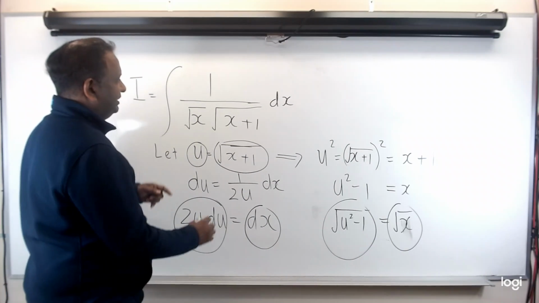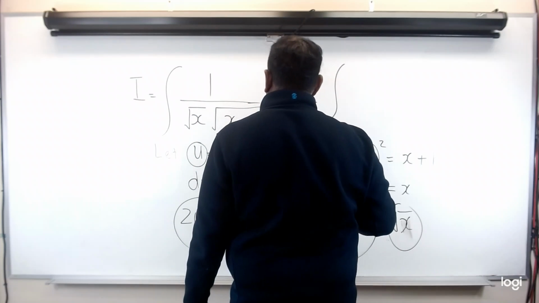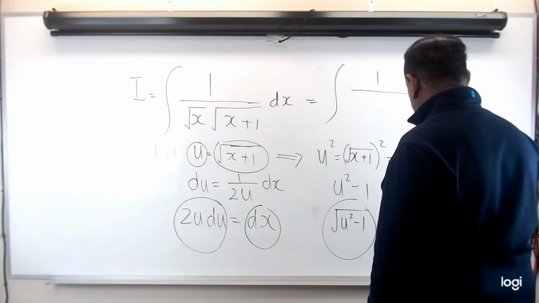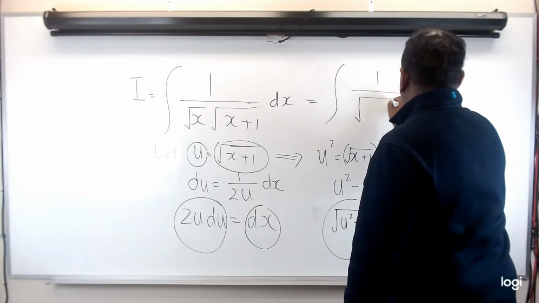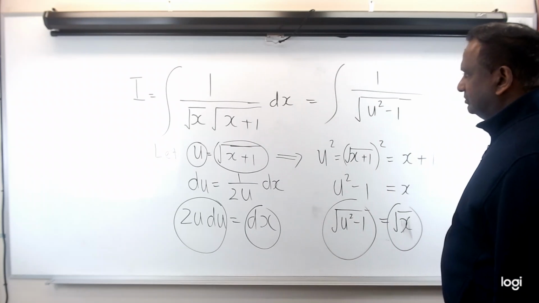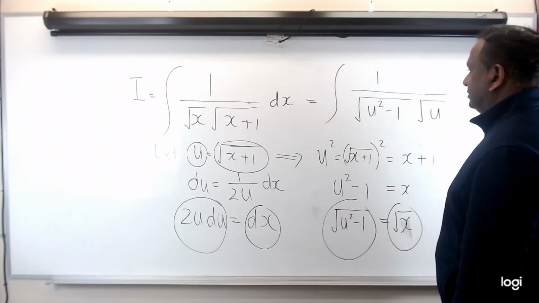So let's replace. The integral of 1 over root x I replace by the square root of u squared minus 1. This one I replace by u.